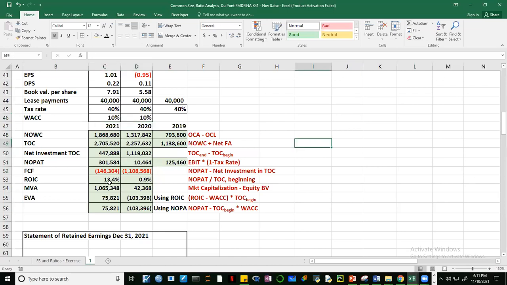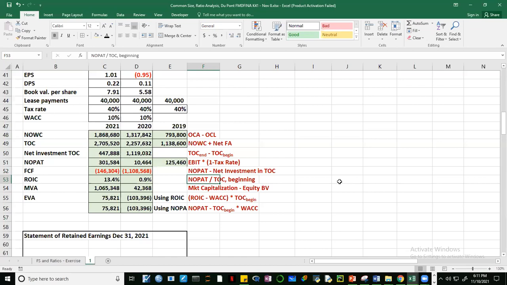In 2021, ROIC was 13.4%. The formula for ROIC is just the operating profit divided by the operating capital provided to the management.